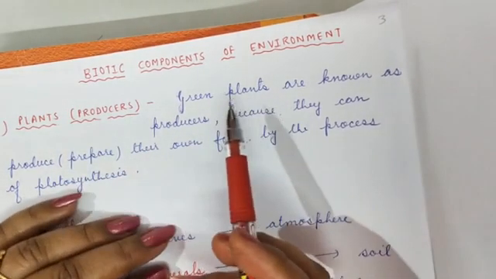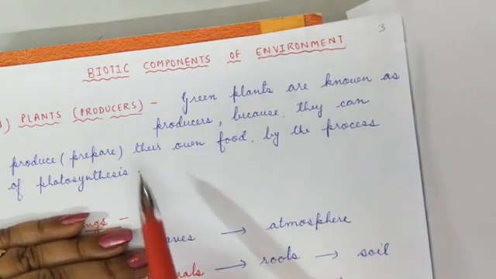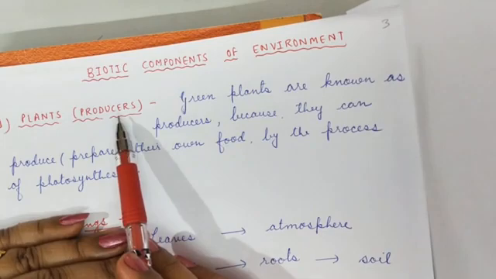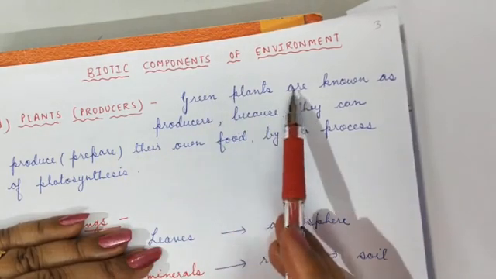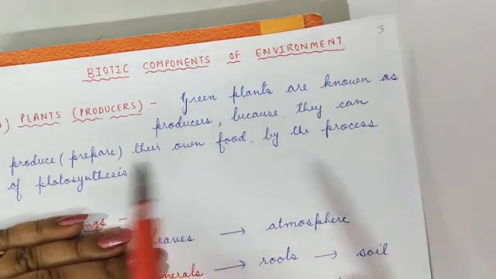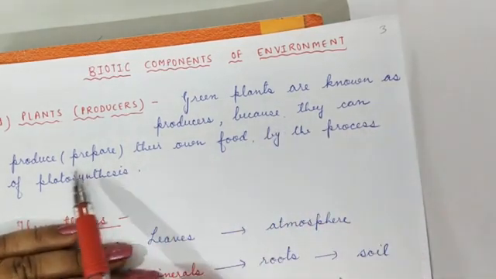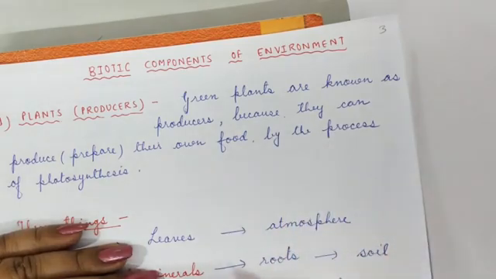Yes, right? They are the plants. Plants are also known as producers, especially the green plants. Do you know why? Because they can produce food for the other organisms. They can prepare their own food.